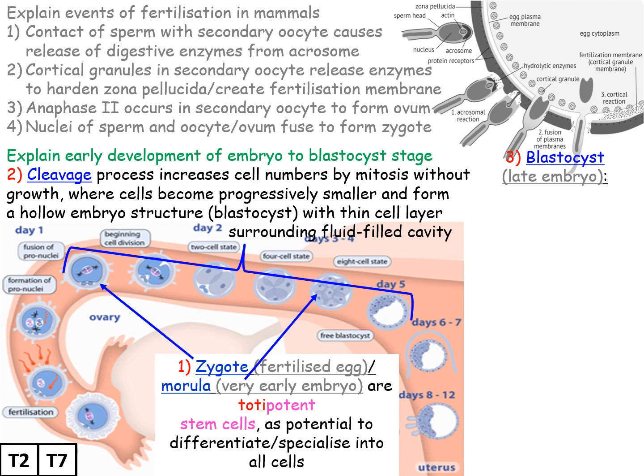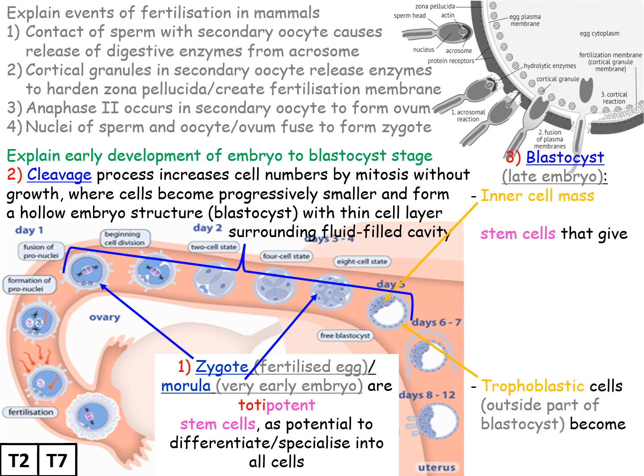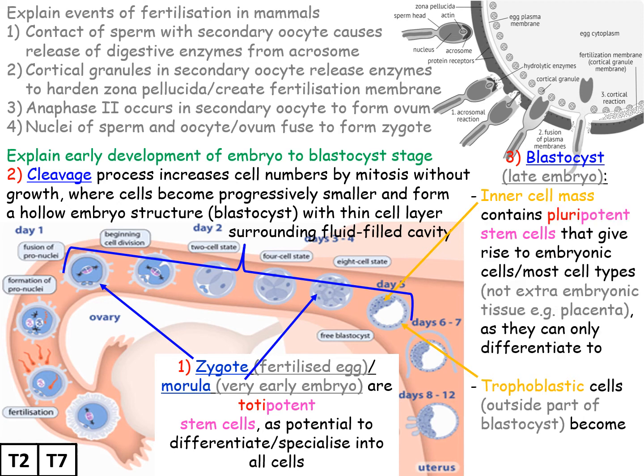Now that blastocyst, which is a late embryo, contains the inner cell mass and the trophoblasts, or trophoblastic cells, which is the outside part of the blastocyst. And the inner cell mass contains pluripotent stem cells, and they give rise to embryonic cells, or most cell types, but not the extra-embryonic tissue, such as the placenta.